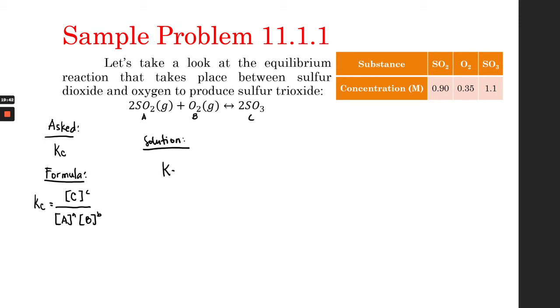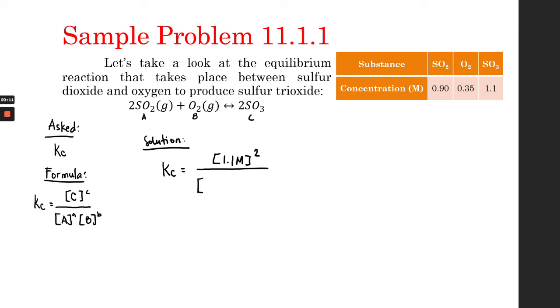So we have Kc is equal to, we basically just have to substitute the values. We have the concentration of our sulfur trioxide, since it's our product it usually goes on the numerator, which is 1.1 molar. So we have 1.1 molar raised to the coefficient of our product, which is 2.